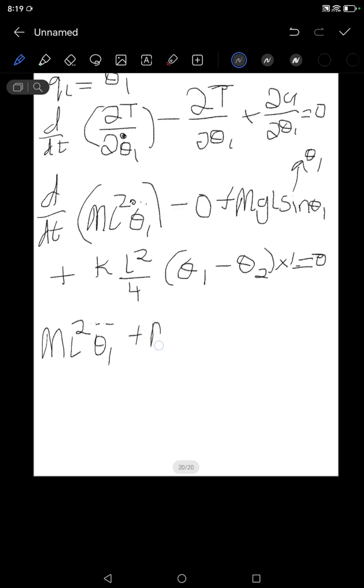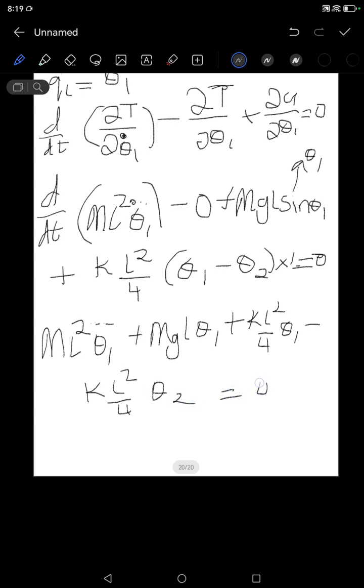So we're going to have plus mgL theta 1, and then here we can just multiply this and get the answer. So KL squared over 4 multiplied by theta 1, we're going to get plus KL squared over 4 theta 1 minus KL squared over 4 theta 2, equals 0.